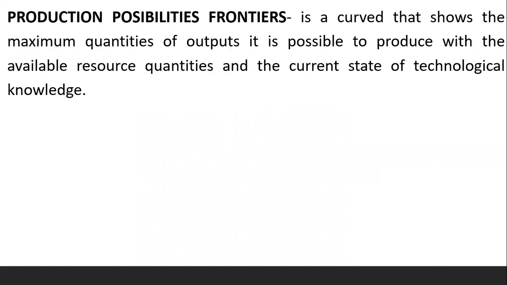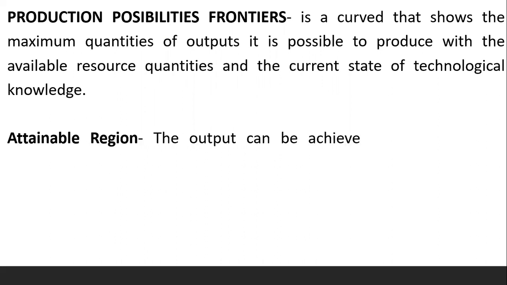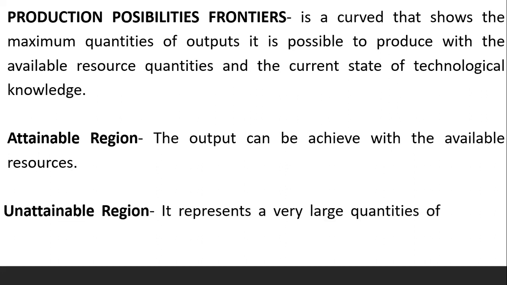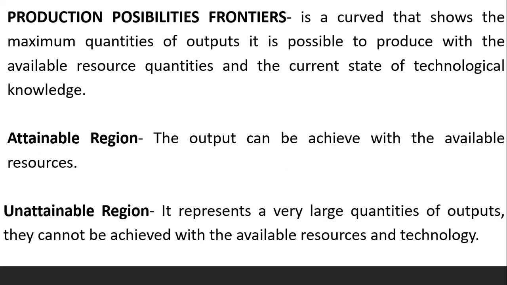Now, the production possibilities frontier is a curve that shows the maximum quantities of outputs it is possible to produce with the available resources, or the available quantity of resources, in the current state of technological knowledge. In the production possibilities frontier, we have two regions.